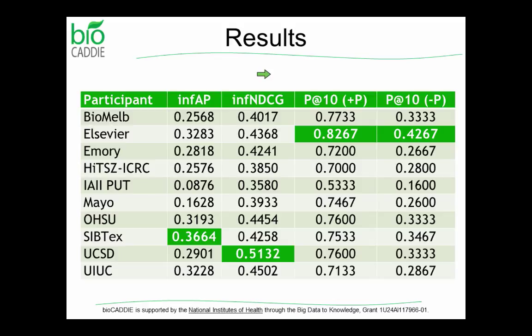So different metrics might be more appropriate than others depending upon how you think the system should be used. At the time, we weren't exactly sure, so we just went with a grab bag full of metrics.